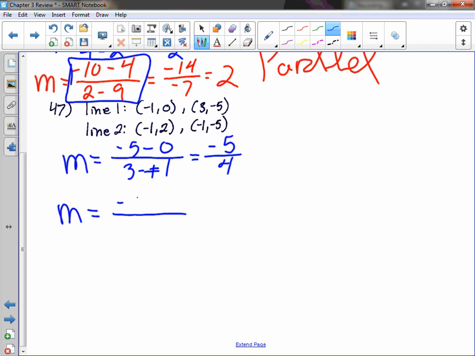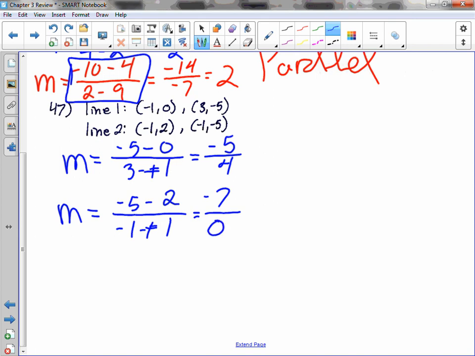Now the other one will have negative 5 minus 2 over negative 1 minus negative 1. Well, negative 5 minus 2 is negative 7. A negative and a negative would make a positive, so we get 0. This slope is undefined.